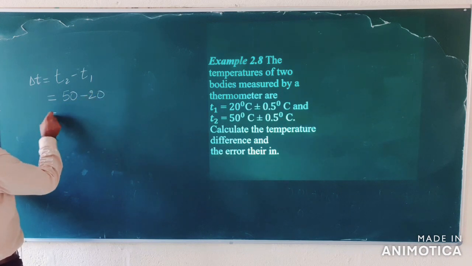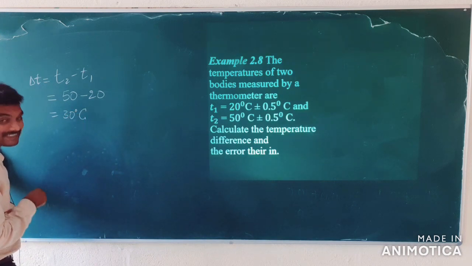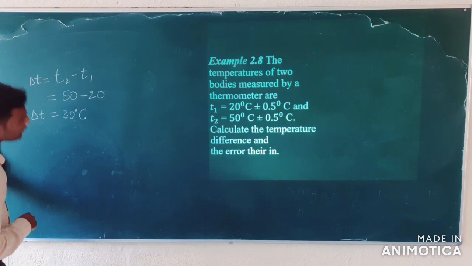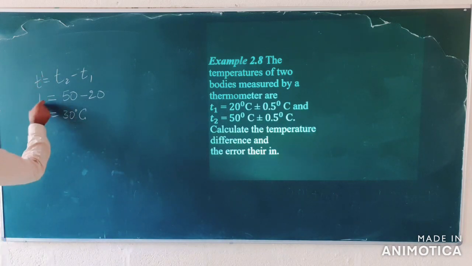So 50 minus 20 is 30 degrees Celsius. But this doesn't make the complete value of the measurement of the difference. Let me not take this as delta T, because we normally represent delta T for the error. So let me take this as T dash, which is the actual temperature difference.